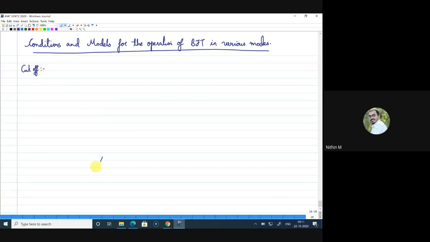So we know that in cutoff mode the condition is, we have two junctions, the emitter base junction and the collector base junction. Both are reverse biased in cutoff mode. Right.